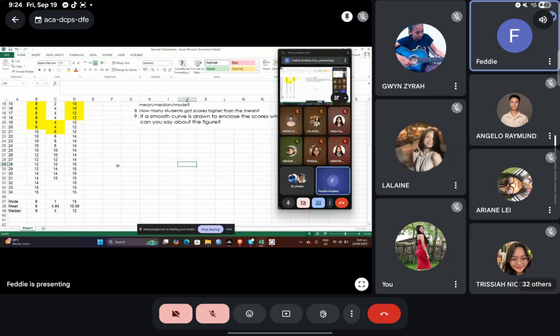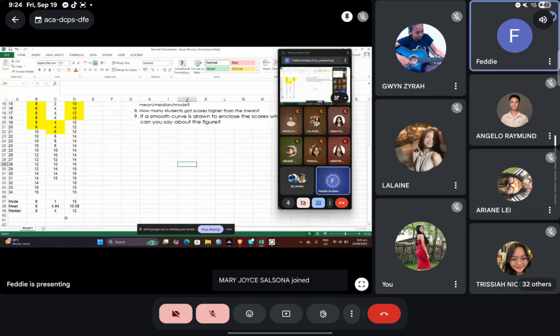Also, for group 1, if you look at the position, we can say that the mean, median, and mode are the same. For group 2, we can compare that the mean is greater than the median, and at the same time greater than the mode.